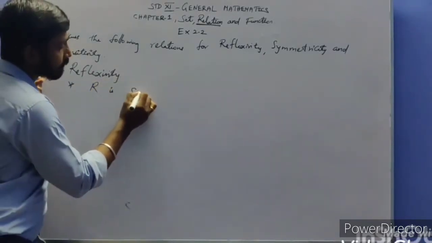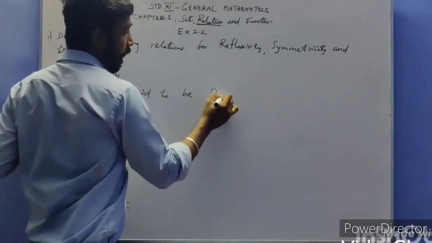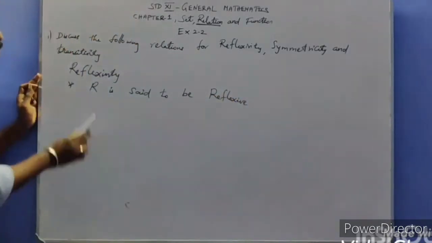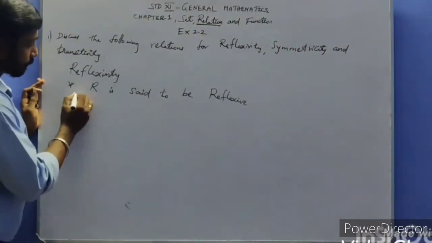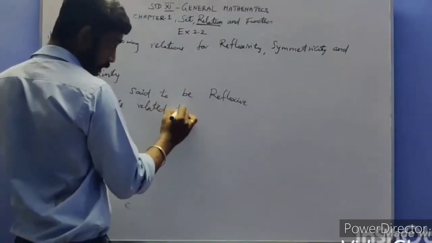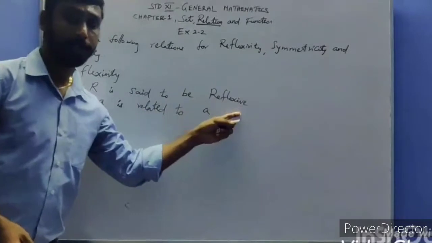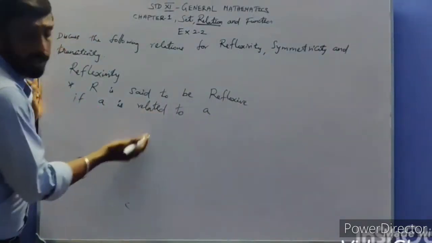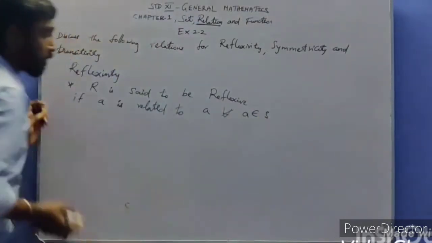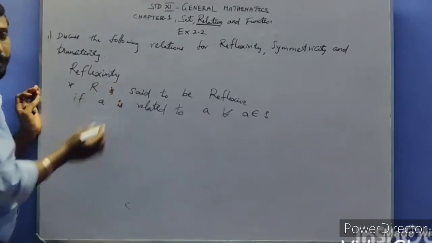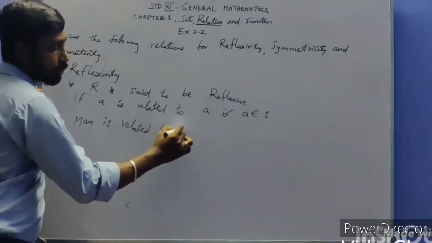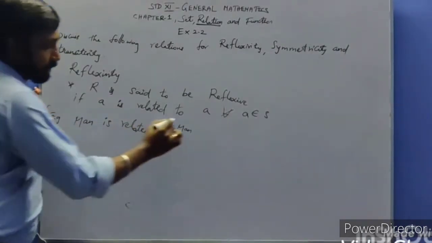R is said to be reflexive if A is related to A, that means A belongs to S. An example: man is related to man. This is an example of reflexive.